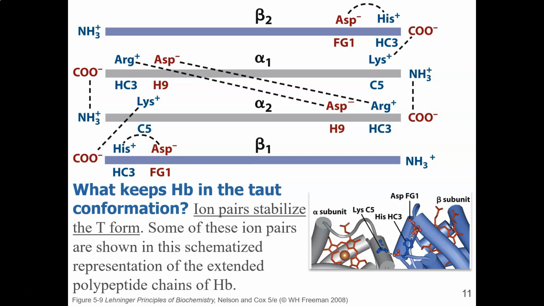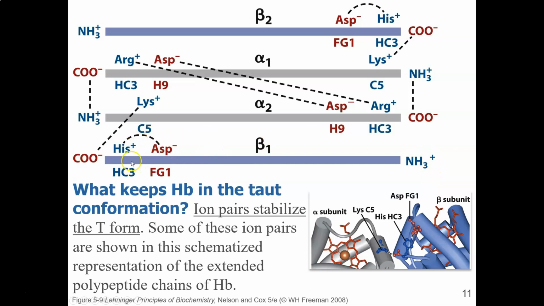So what keeps hemoglobin in this taut, or the T, conformation? The most important takeaway from today's talk is that ion pairs stabilize the T form. This is a very highly schematic diagram right here that shows all 4 of the chains of hemoglobin as long lines, which obviously they aren't, but it's drawn this way so that we can see all of the ion pairs.